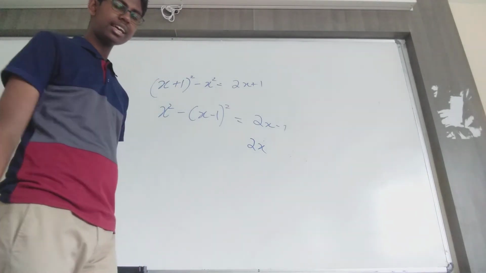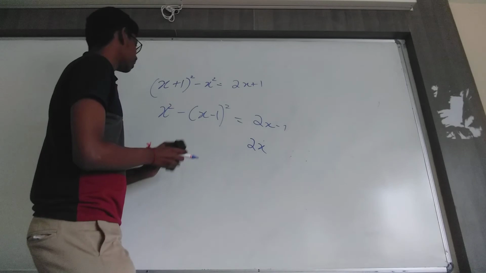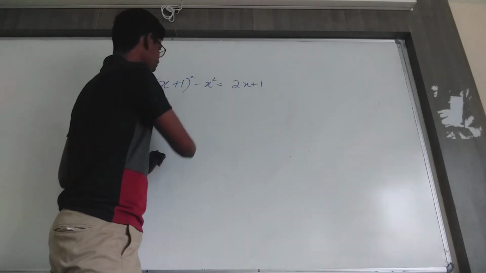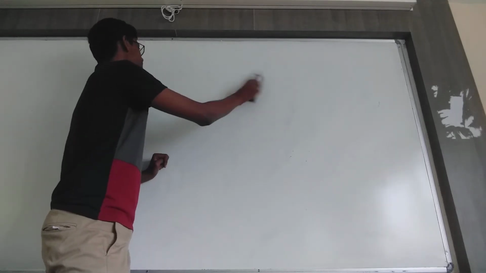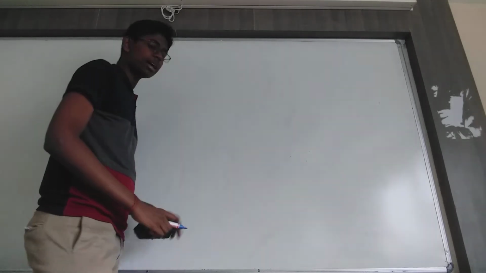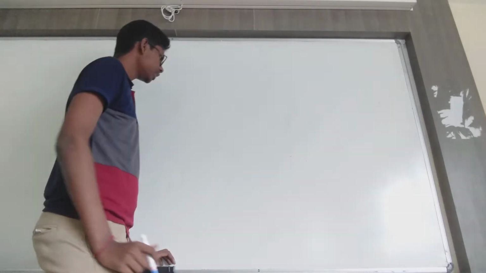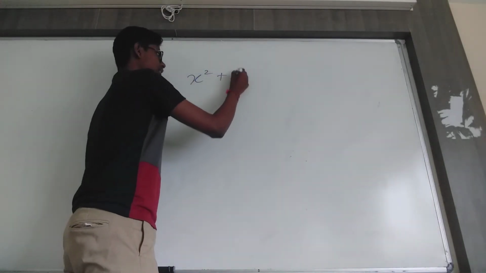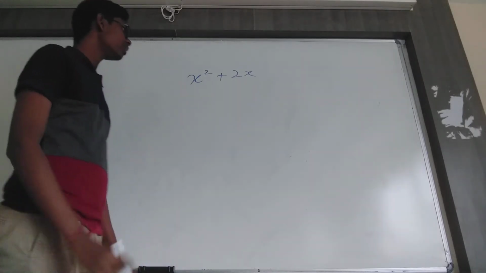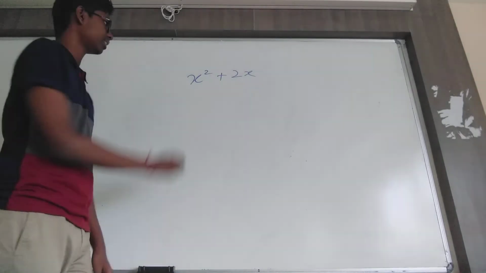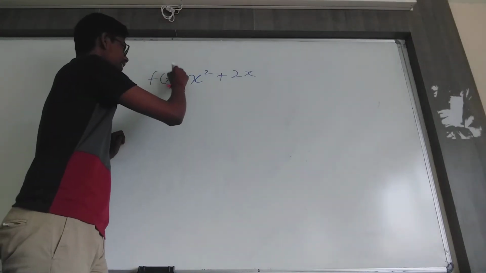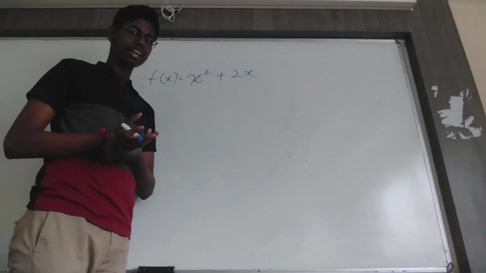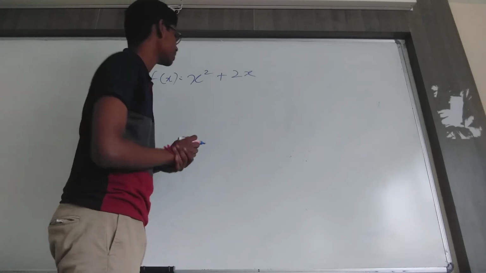So this is really curious and fascinating. And we don't as of now really know why, but then we'll go to check if this holds for some other functions also. So we'll take the function x squared plus 2x. Now how much will this function be when evaluated at x plus 1?